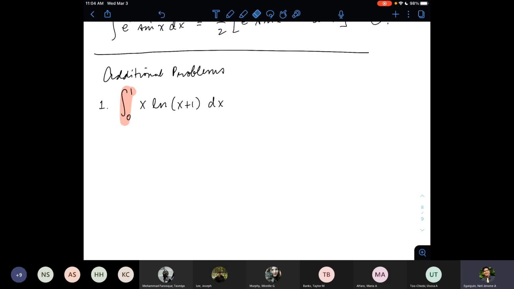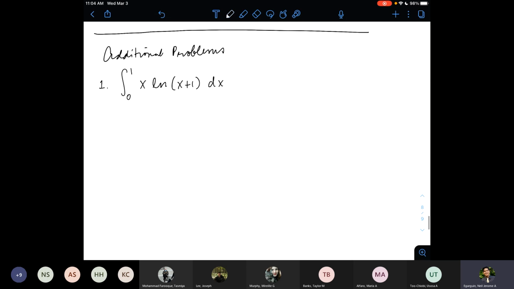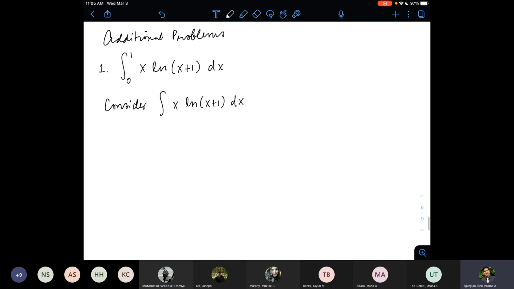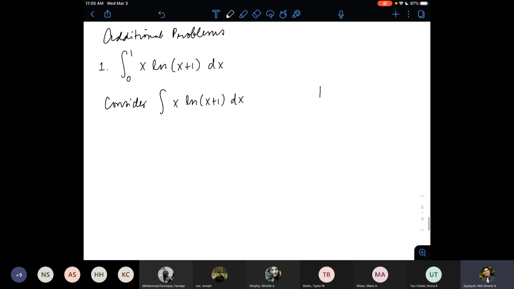So what I'll do here is to consider the indefinite integral first, find an antiderivative, and then use the first fundamental theorem of calculus. So I'll start my solution by saying I'll consider the indefinite integral first. I'll forget for a moment the bounds.